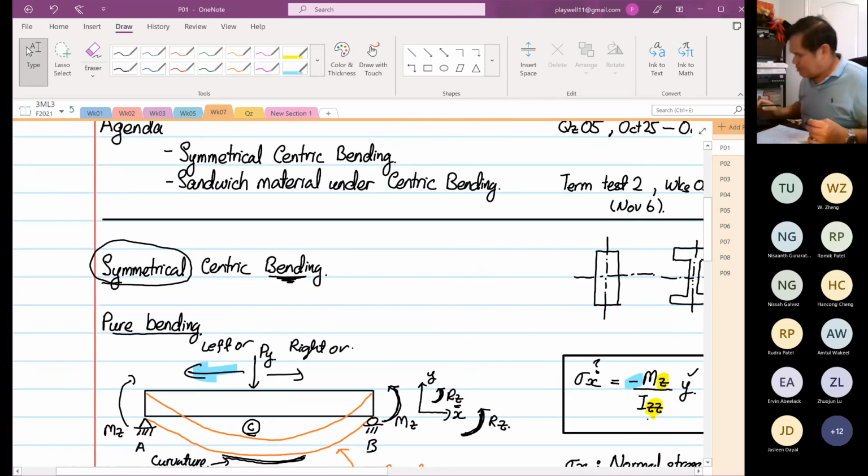When it's centric, we know why, because the formula is y over I. But what do we mean by symmetrical? A lot of times it's not so obvious. Do we actually care? Yes, it's important. When we say symmetrical, what does it actually mean? Now I'm going to explain what it means.